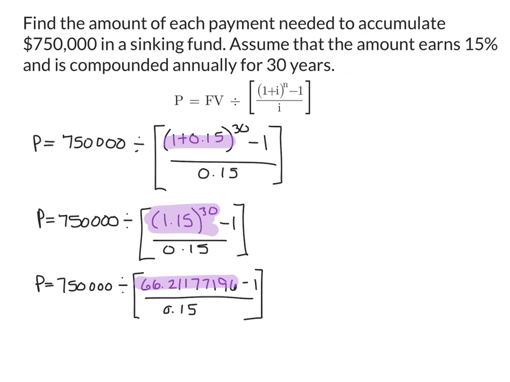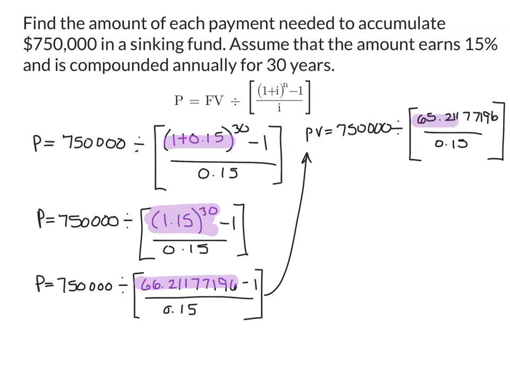And we can keep that number in our calculator and then just subtract 1 from it. We get 65.21177196. Next, you can keep that number in your calculator and then just divide by 0.15. And we get 434.7451464.